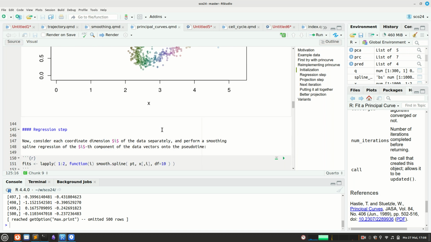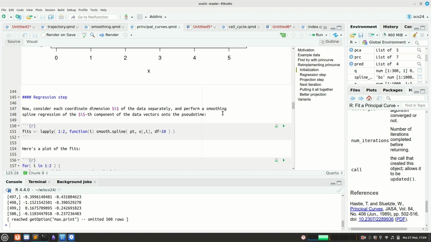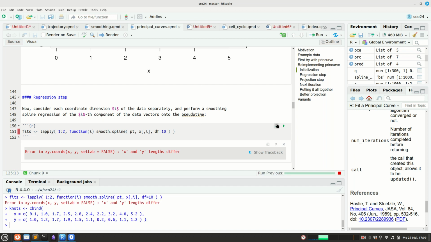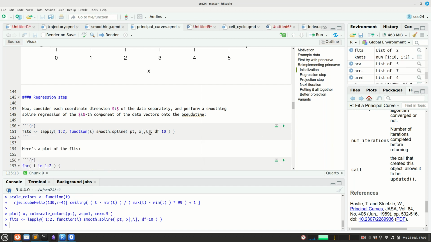And now let's do the regression. So for the regression, I use again this smooth line function here, the one which we've just learned how it works, and fit each of the two components, the x and the y components of our data points, to the pseudotime.